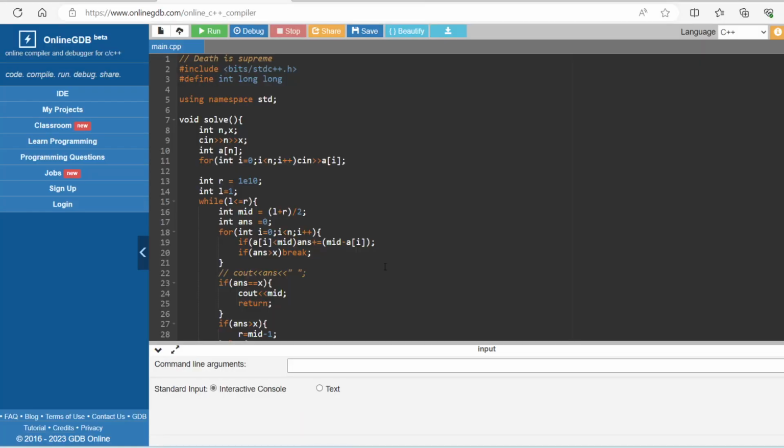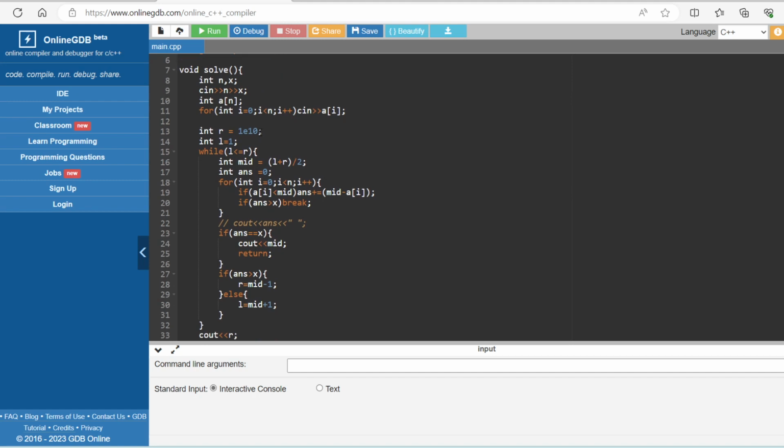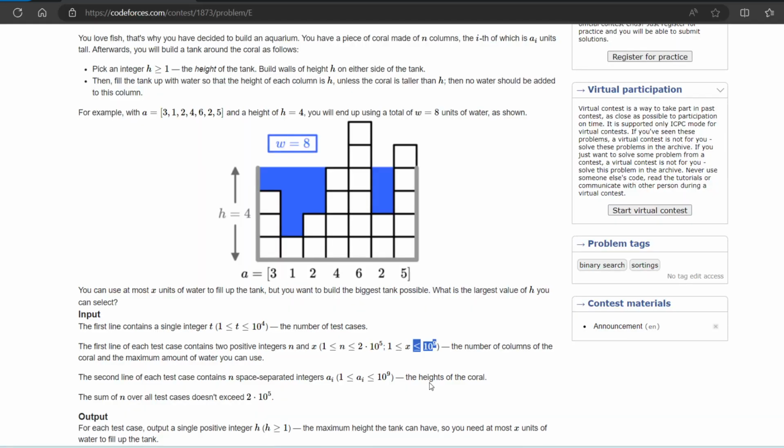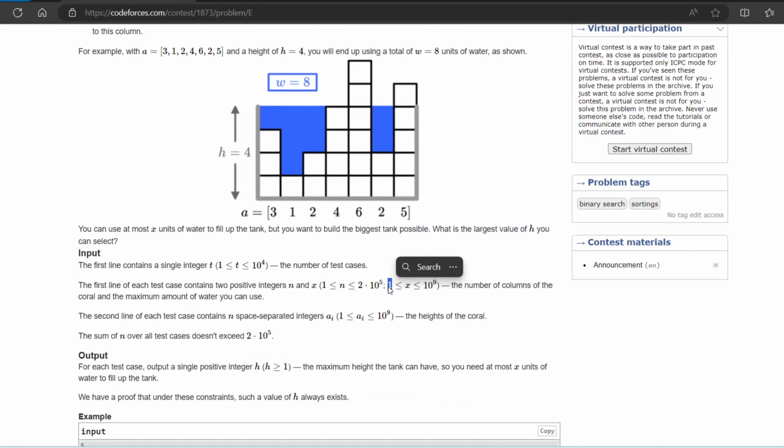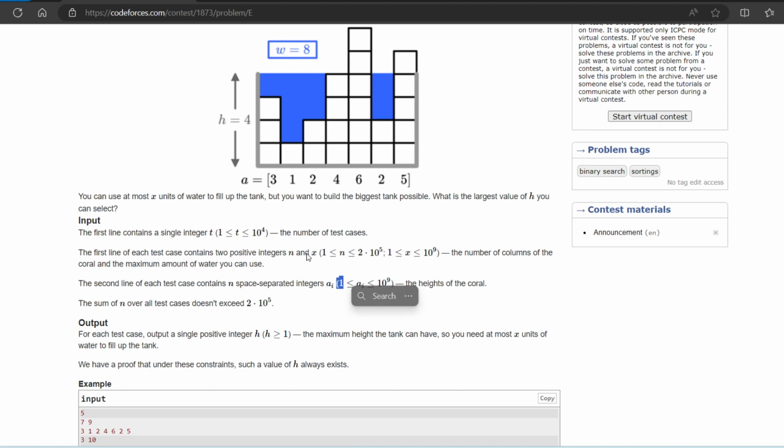Now coming to the code, just for the sake of it, we have taken the r value of 10^10. The boundary condition is that the minimum value of x is 1, the minimum value of a_i is 1, and the minimum value of n is 1.